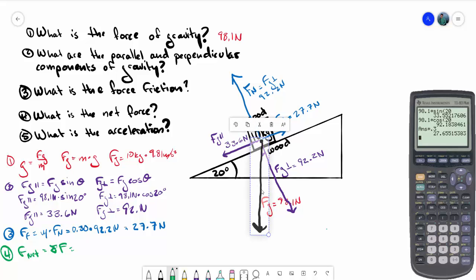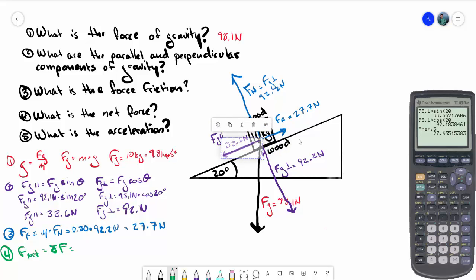Gravity, we divided into two components. So let's look at gravity in these individual components: the force of gravity parallel and the force of gravity perpendicular. Now the force of gravity parallel is on the same plane as the force of friction. Notice these things are basically at the same exact angle, so we can simply just add them.